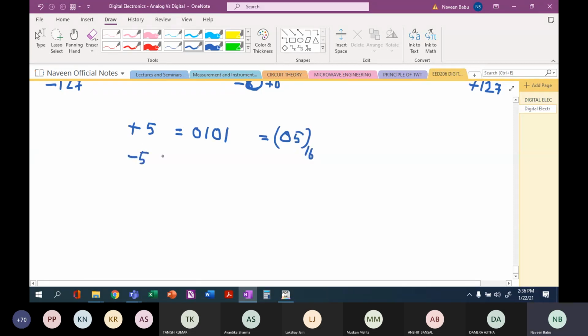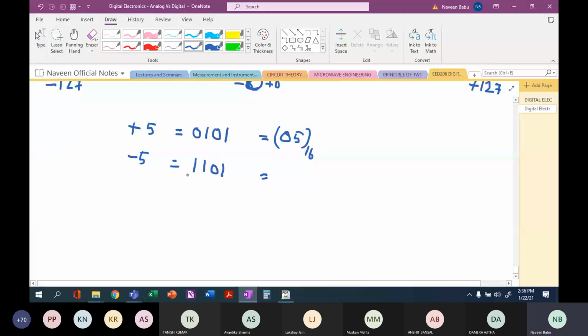Now minus 5 is represented as 1101. Okay, let us take an 8-bit representation, so that would be easier. If it is an 8-bit representation, plus 5 is represented as 4 zeros and then 0, 1, 0, 1 in binary.